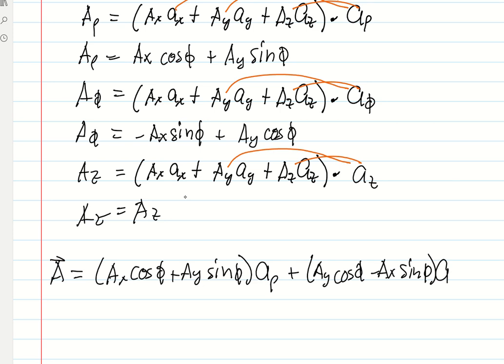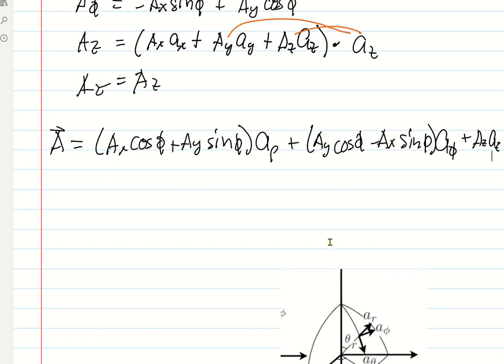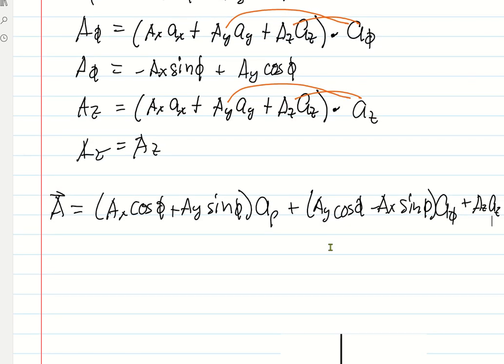This is in the phi direction, and for the Z direction, it's just AZ. It's the same, AZ. So this is the equivalent of that vector in cylindrical coordinate system. That's how we convert from rectangular to another form, cylindrical. You just take the dot product.